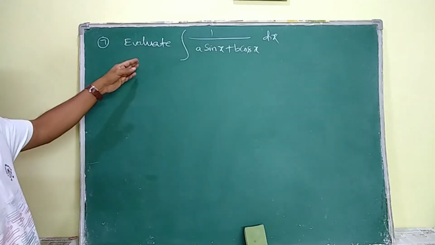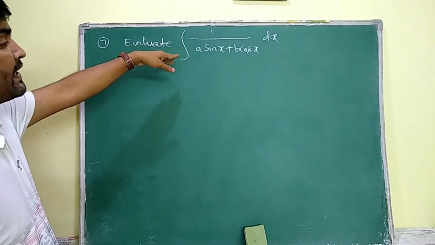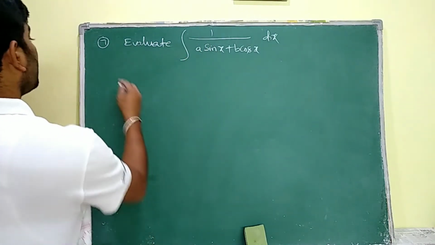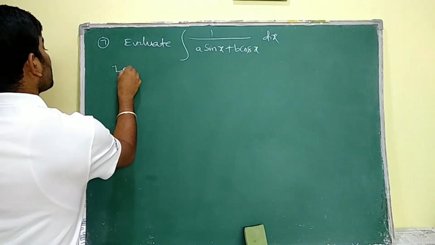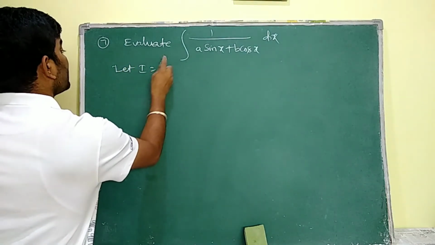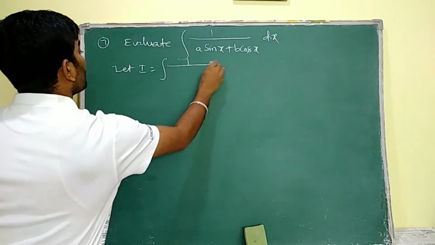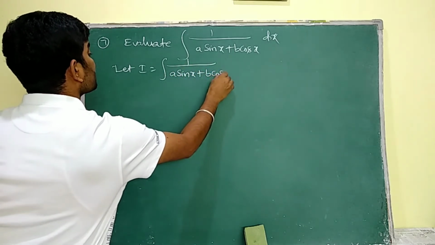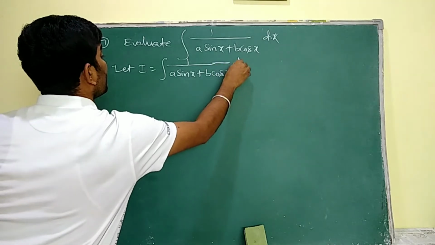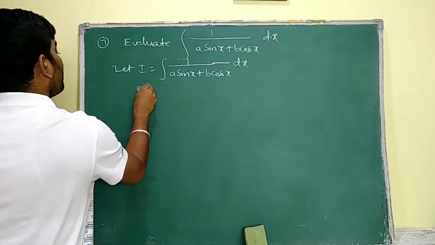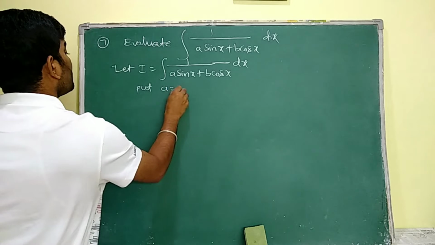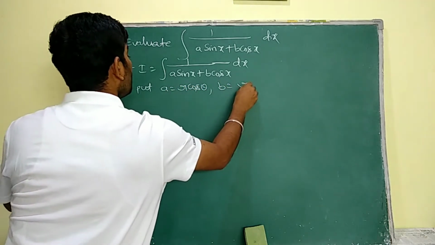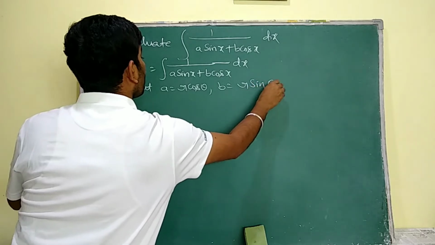answer. Here he asked us to evaluate integral 1 by a sin x plus b cos x dx. For this, listen: let I be equal to integral 1 by a sin x plus b cos x dx. Put a is equal to r cos theta, b is equal to r sin theta.